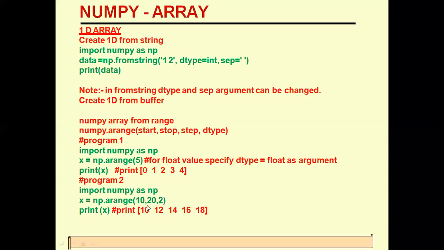So the first element it will print is 10, then 2 will be skipped, 12, and 2 will be skipped, 14, then again 2 skipped, 16, 18. So till the last limit it will print the values. It is a 2 step. You can move 2, 3, 4, however many steps you want, that will be skipped.